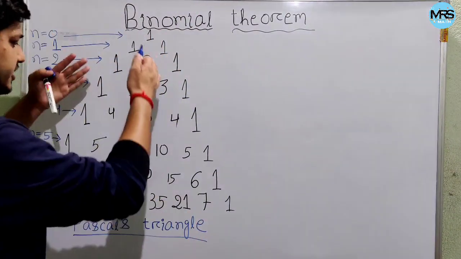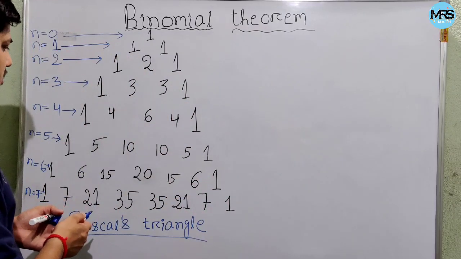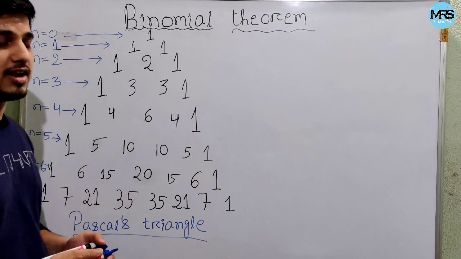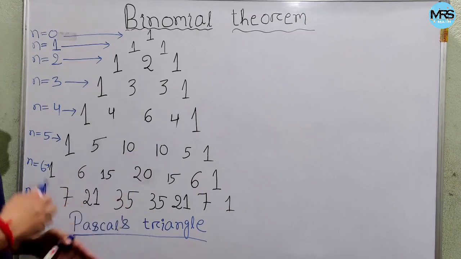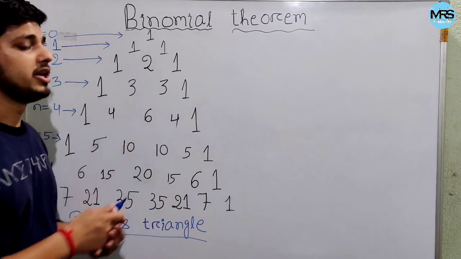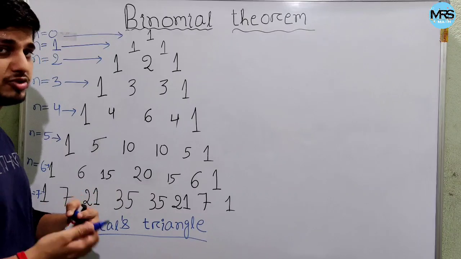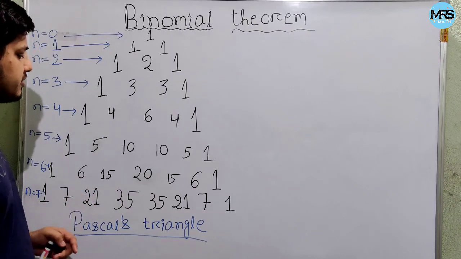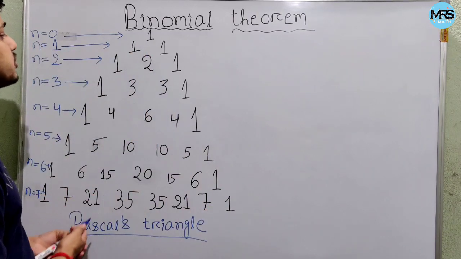Here you can see a triangle of numbers. What is this triangle actually? The triangle's name is Pascal's triangle. This triangle plays an important role in the binomial theorem, so I thought I should first discuss the basic things. This triangle looks very beautiful.